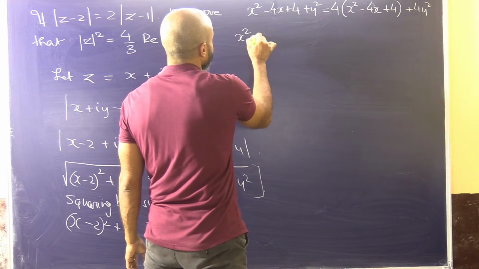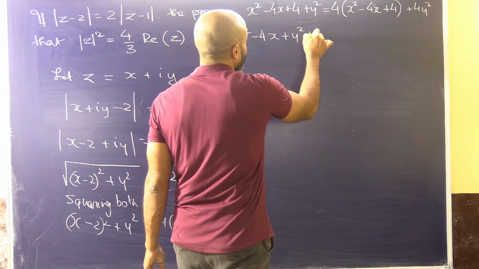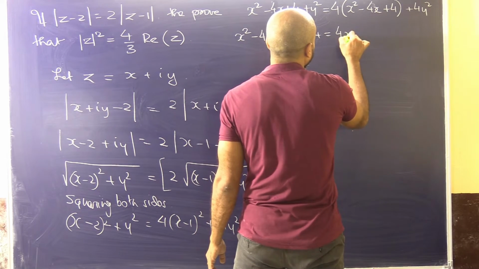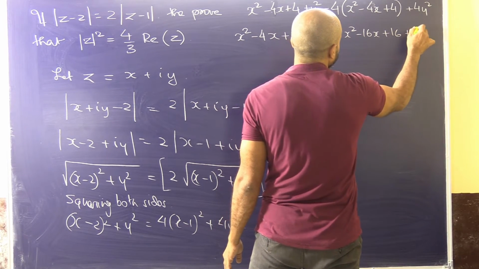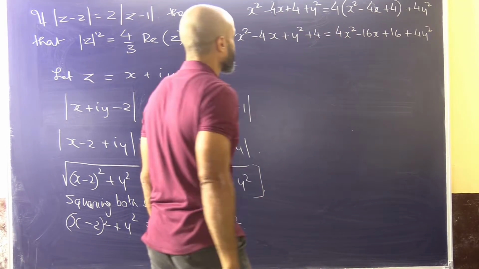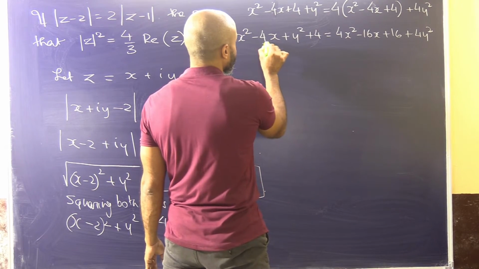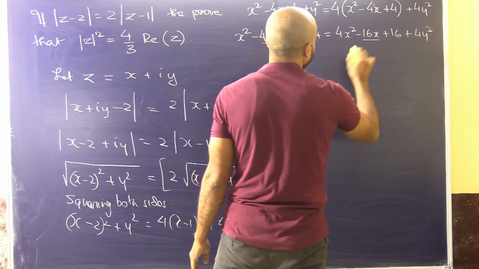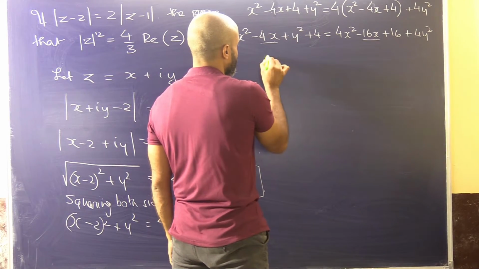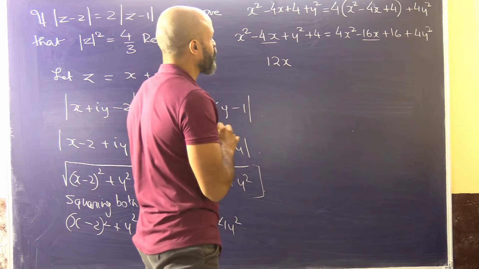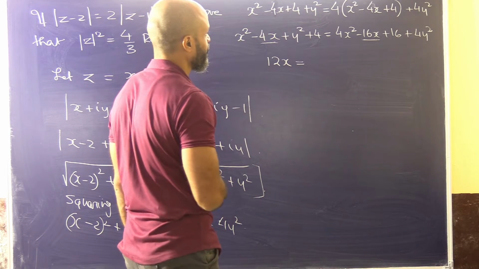Here we have x^2 - 4x + y^2 + 4 equal to 4x^2 - 16x + 16 + 4y^2. So what do we get here? Minus 4x we have here, and here we have minus 16x. If I transpose this term, this will be 12x. Now let's see what we have here.